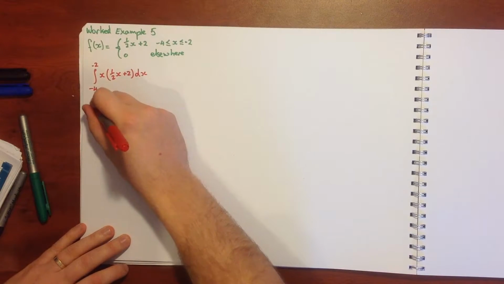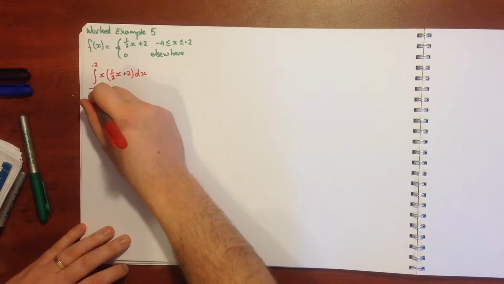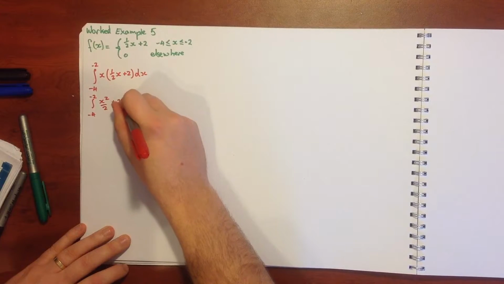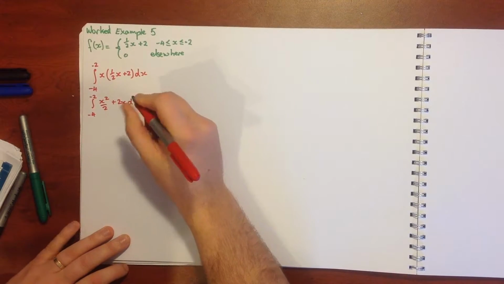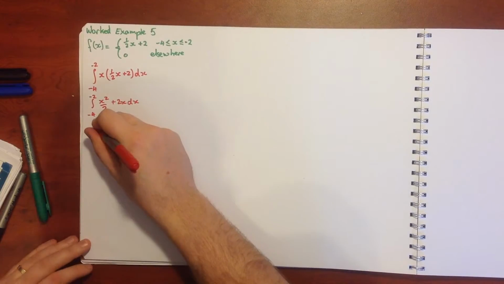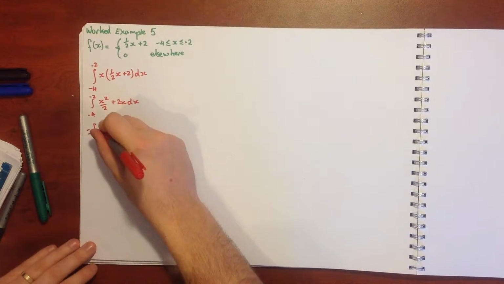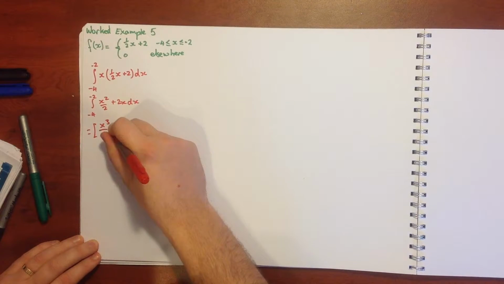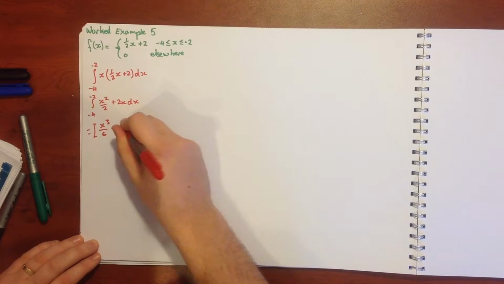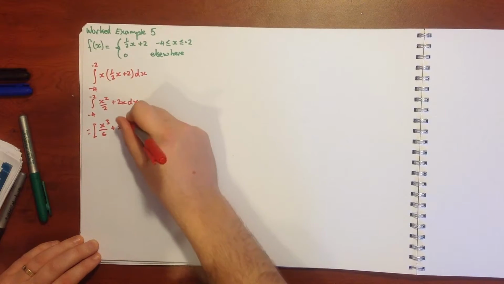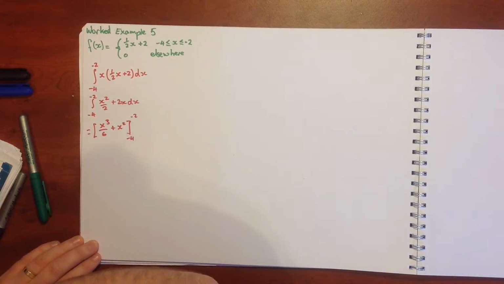That means we're integrating from -4 to -2 of x squared on 2 plus 2x dx. So we're going to get x cubed on 6 plus x squared from -4 to -2.